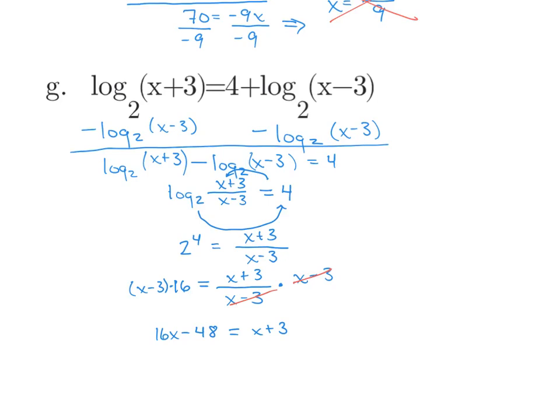From here, I want to get all of my variables on one side. I'm going to move x from the right to the left. I also need to move all of my constants to the right, so I'm going to move my 48. This gives us 15x equals 51.